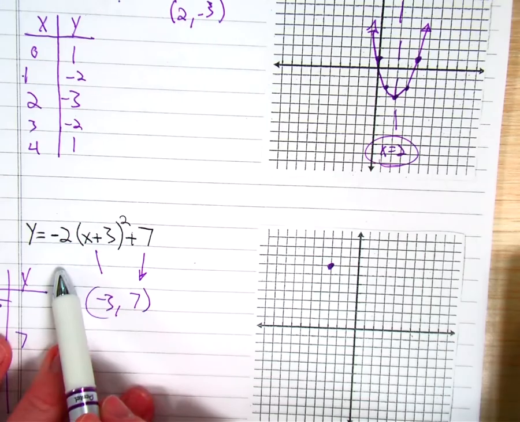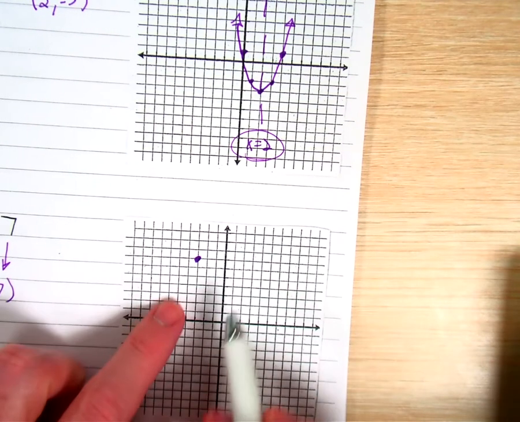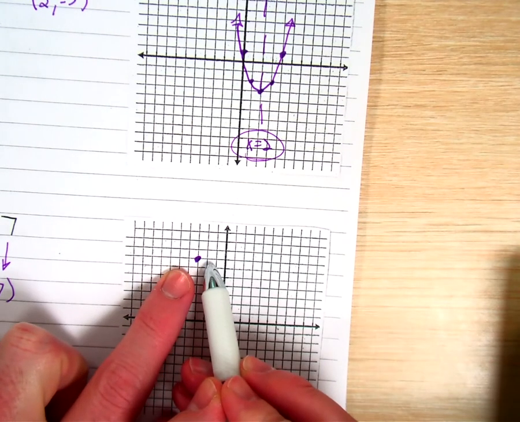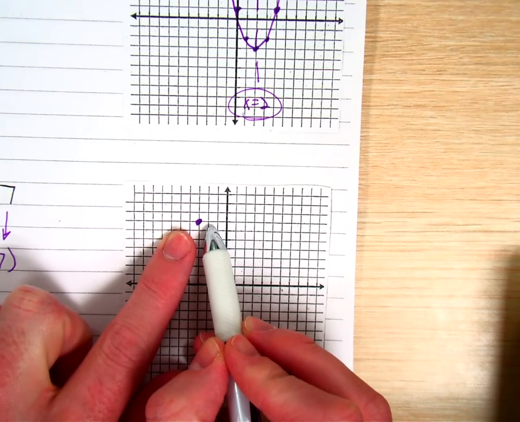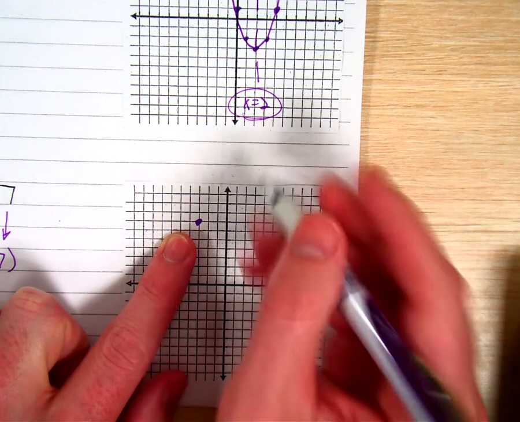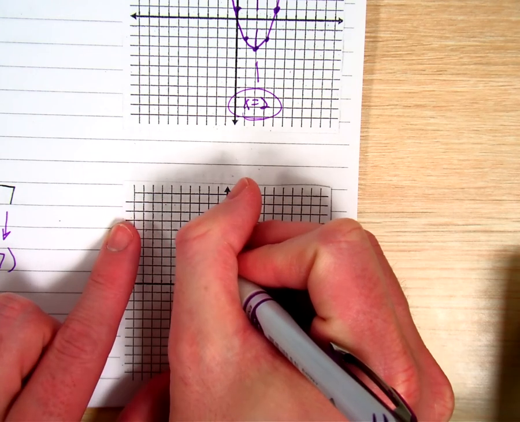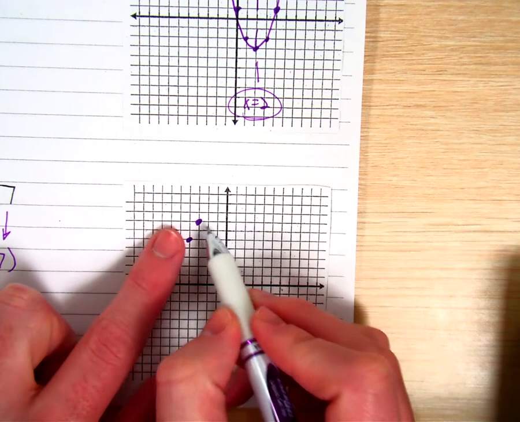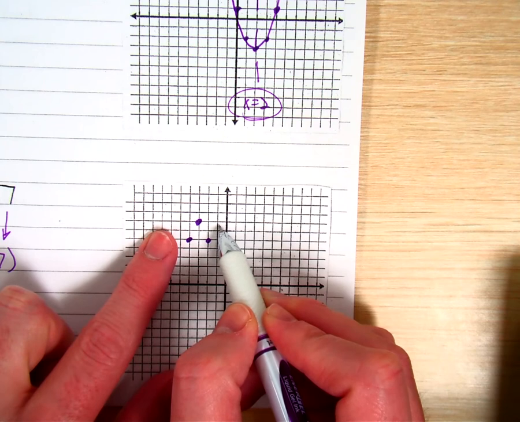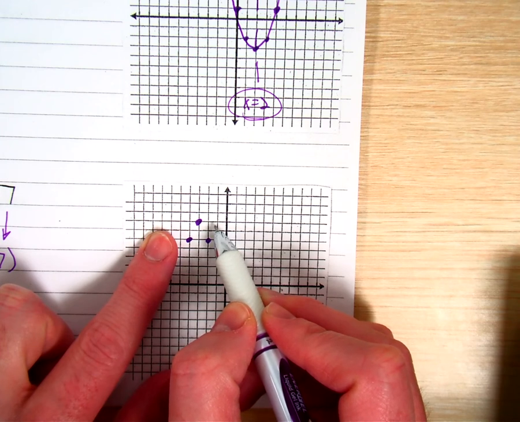All right, we have a -2 multiplier. So let's see how that would work. Normally if I go out 1, 1 squared is 1. But we got to times -2. So 1 times -2 is -2. So if I go out 1, down 2. Okay, if I go out 2, 2 squared is 4. Normally we'd go up 4, but we have a -2 multiplier.